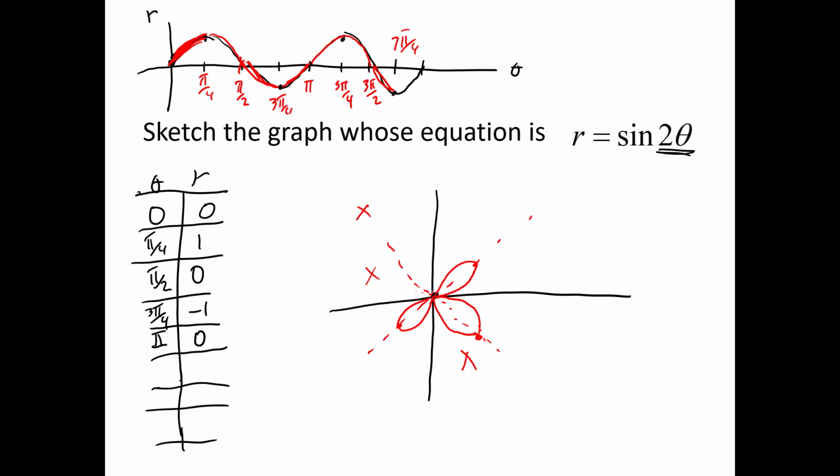You have a negative R value, so you're supposed to be in this quadrant, going from an R value of 0 to an R value of -1, making you 1 unit away from the origin. And then finally, once you get this last piece right here, all of those R values are still negative. You're going from an R value of -1 back to an R value of 0, meaning you go back to the pole. So you connect down there. And there you go. You get a 4-petal rose.